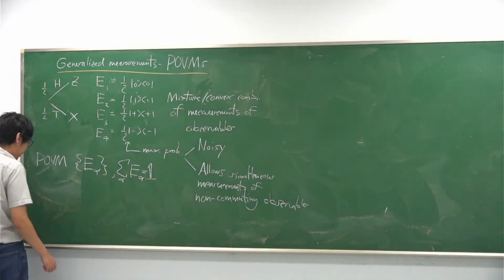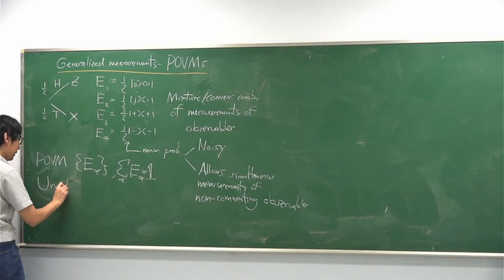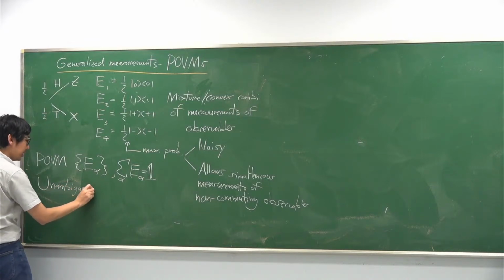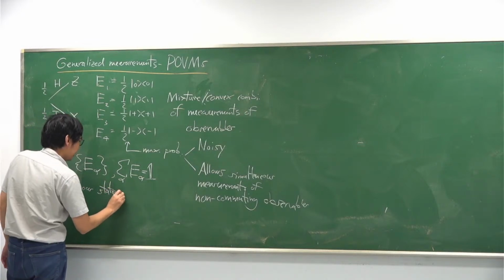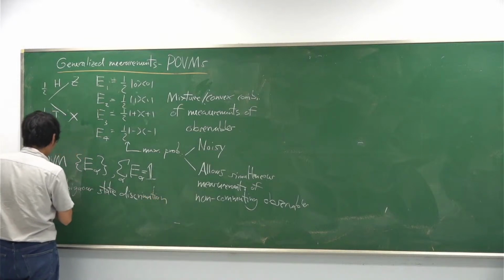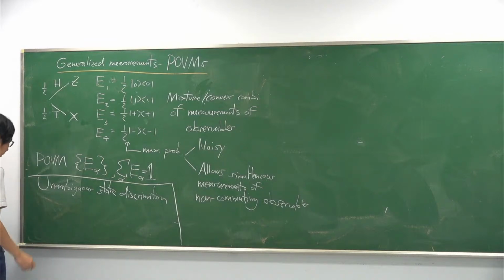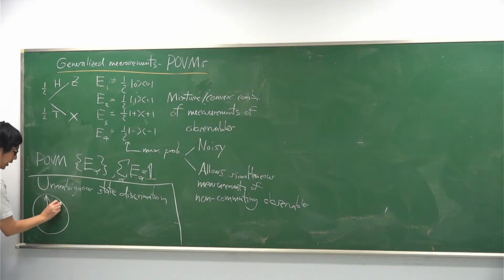Another example that we're not going to discuss soon is that you can do unambiguous state discrimination using POVM. This is the task where, suppose I have a Bloch sphere and I have states that are not orthogonal, maybe psi and phi.